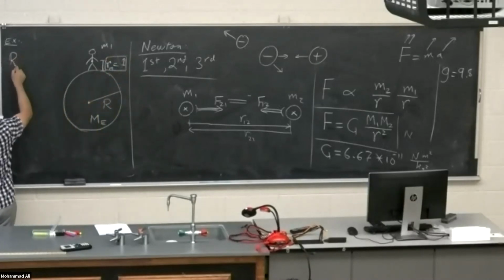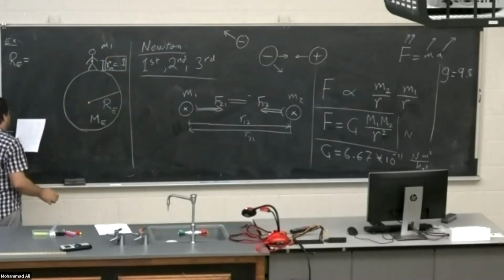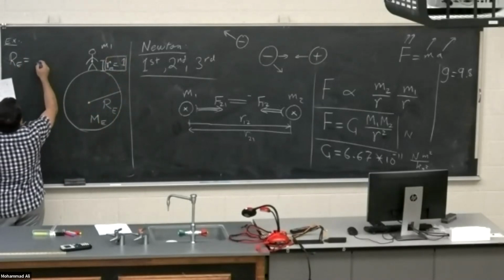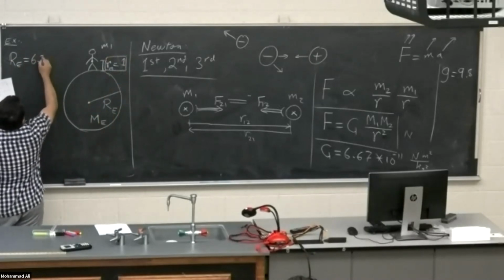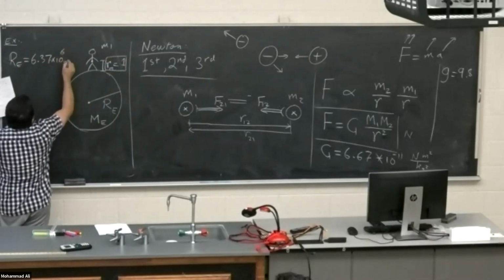The radius for the Earth is 6,000 kilometers, which is 6.37 multiplied by 10 to the 6 meters.